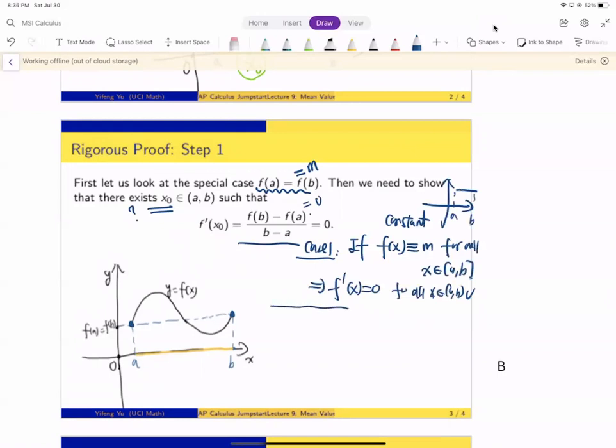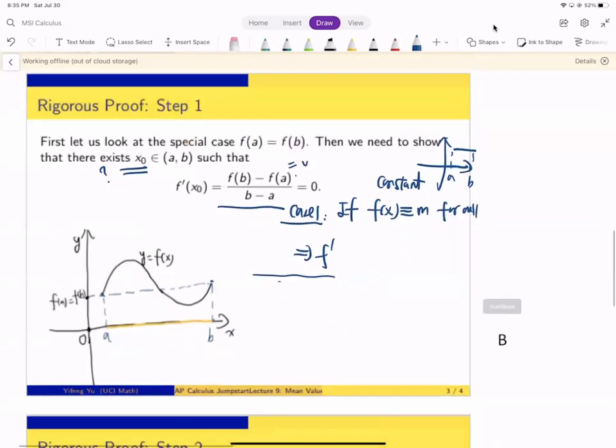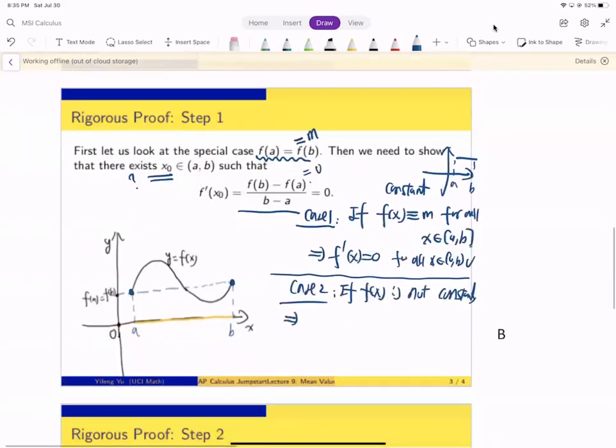Now let's look at case 2. What if not? Which is more general. In general, of course, the function is not constant. So if the function f(x) is not constant, then if I look at the maximum value of f(x) between a and b, it is bigger than m, where m is the value of f(a) and f(b).